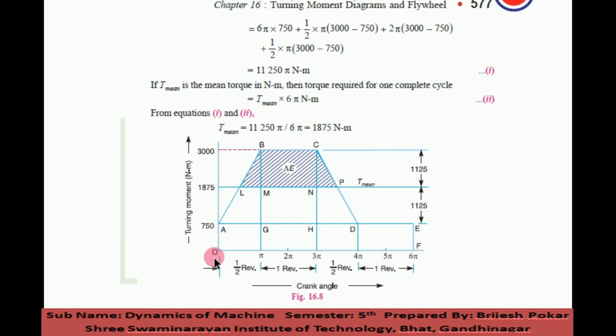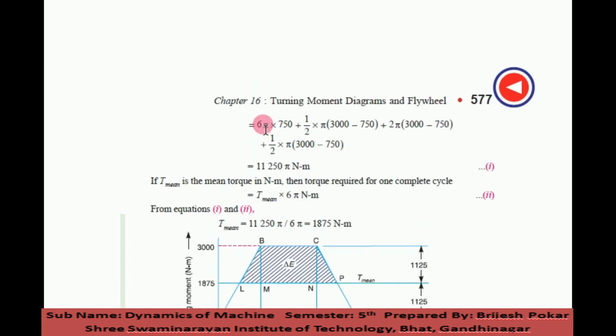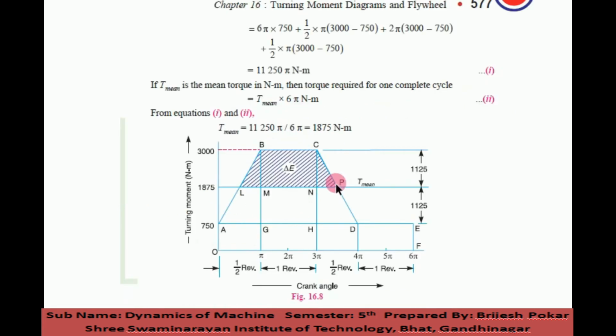So by this way, 6 pi into 750, then 1/2 pi into 3000 minus 750, then pi into 3000 minus 750, again 2 pi into bracket 3000 minus 750, and plus 1/2 pi into 3000 minus 750.